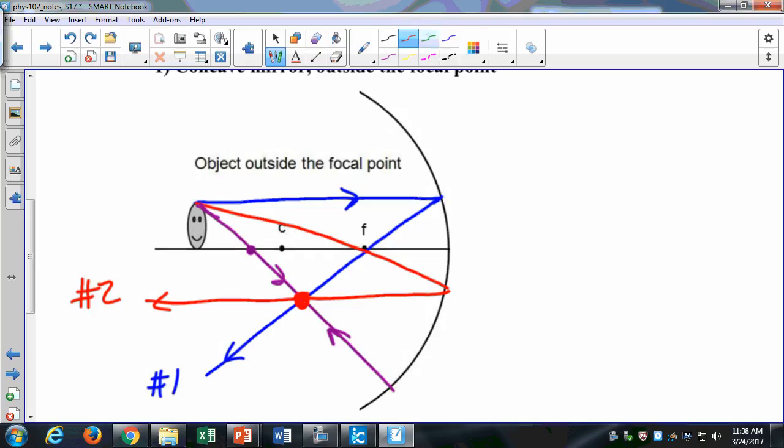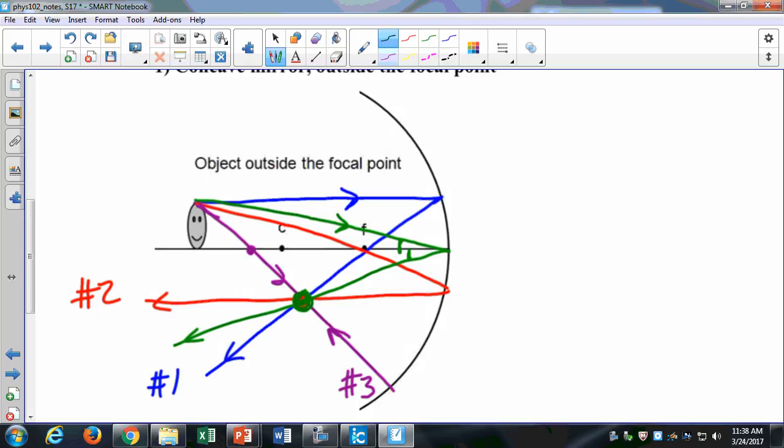And then I can do a 4th ray. This one, by the way, is number 3. There are screencasts for this in your homework, by the way, because these are all homework problems. And then the 4th ray, I'll do in green, goes to the center of the mirror, and then it reflects back following the law of reflection so that these 2 angles are equal to one another. And so notice the reflected rays all cross here at the same point.